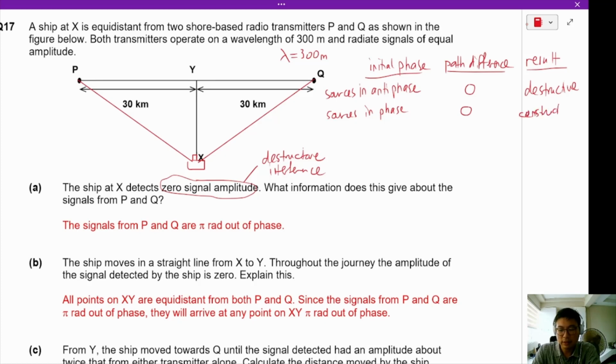This is one of the first things that we learn in the first part of superposition, and you can see that it's being used over here. So the signals from P and Q are pi radians out of phase, or you can write, are in anti-phase to each other.